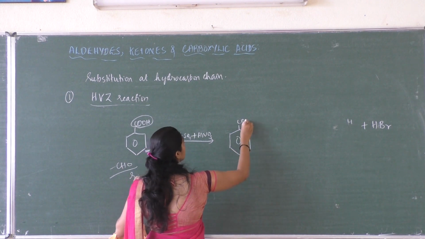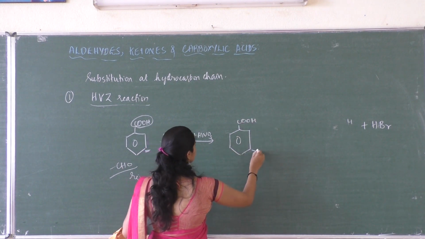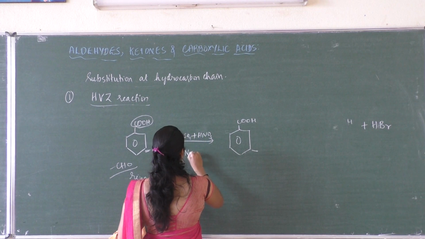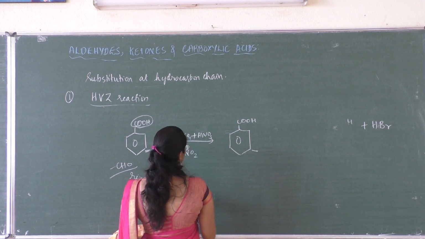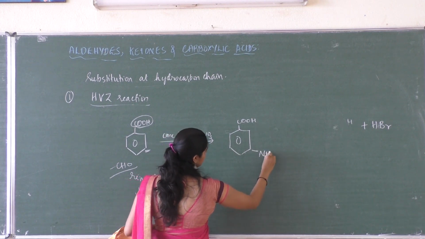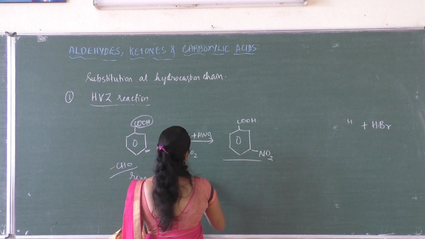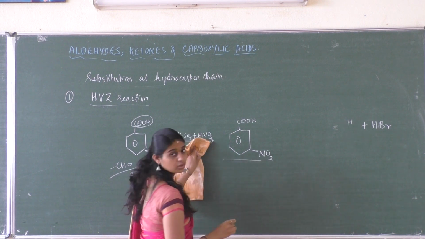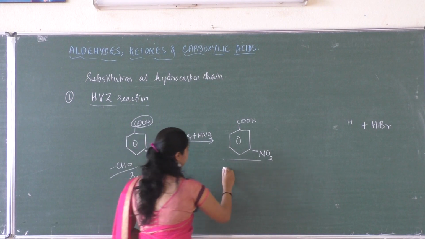So this is COOH, plus the electrophile that is produced here is NO2 plus, so the nitro group will attack at the meta position. So this is meta-nitrobenzoic acid.